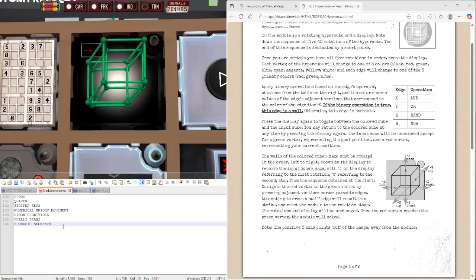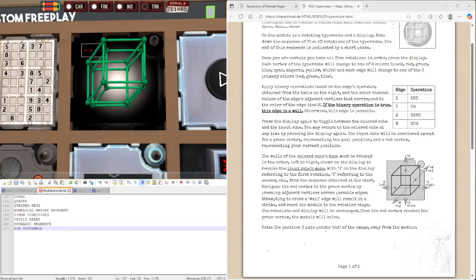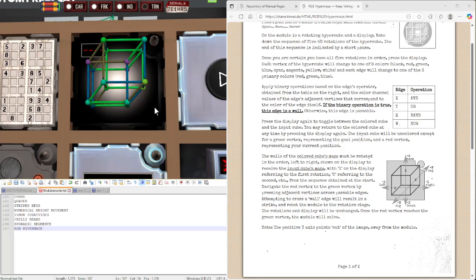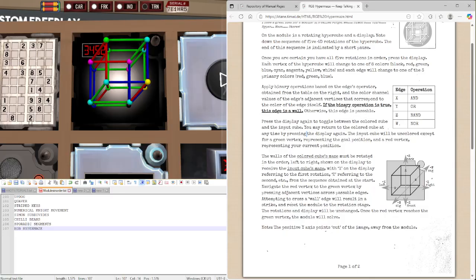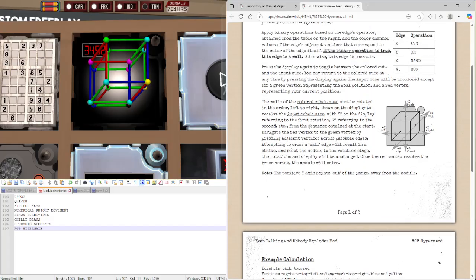Okay. Oh yeah, I forgot part of this. The edges move around. That's stupid of me. Oh god.